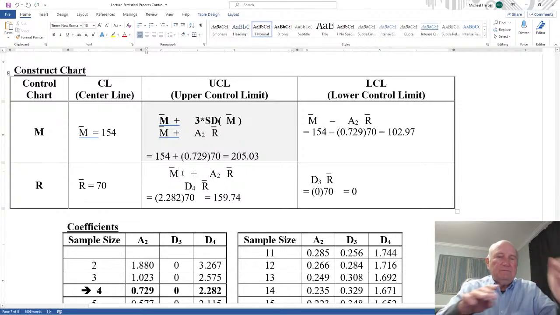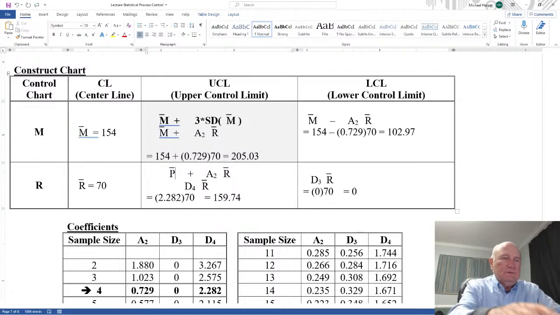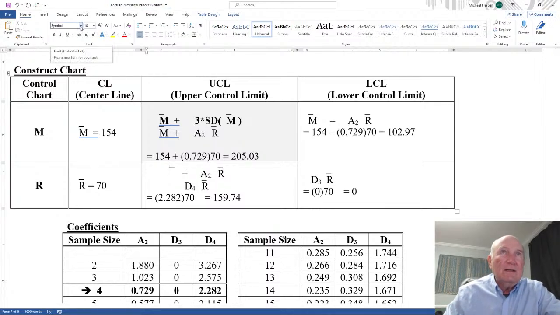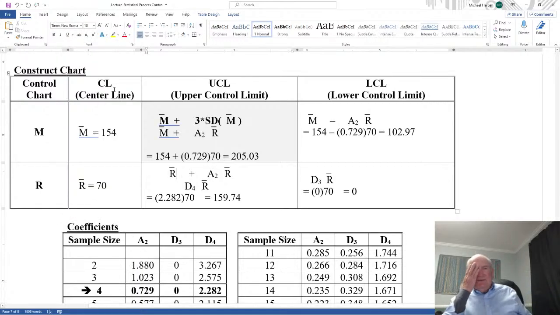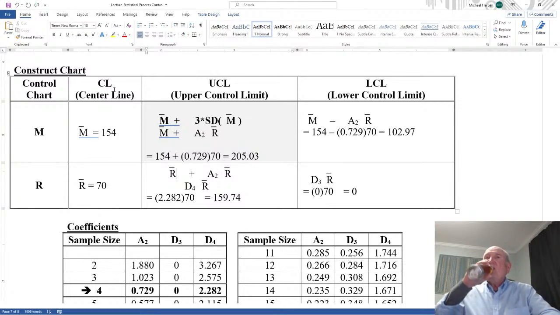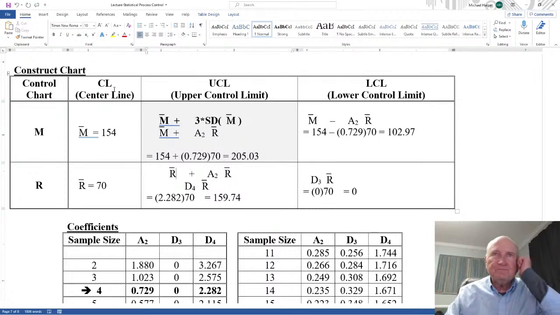Okay, let's make this an R. Whoops, that's a P. Oh, it's Greek, sorry. That was a Greek rho. P is a capital rho. Anyway, it's a rho, it's not P.